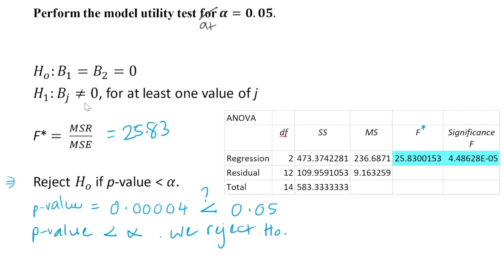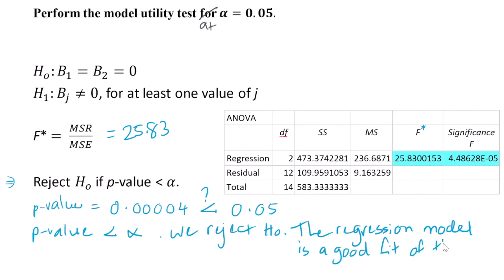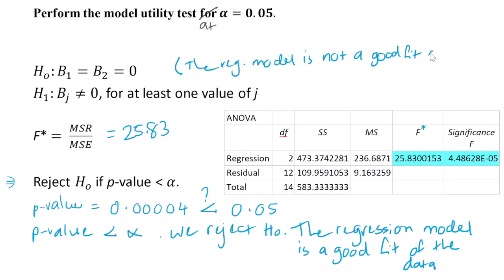And we can conclude that at least one of the independent variables is not equal to 0. Or this could also be written as the regression model is a good fit of the data.